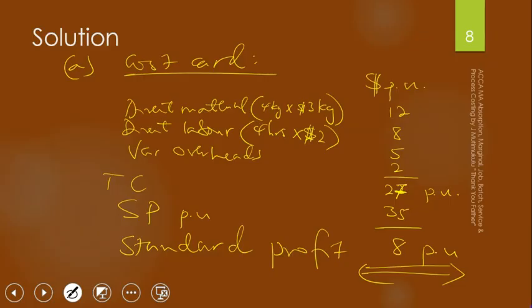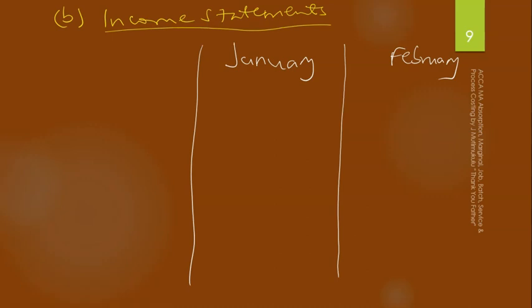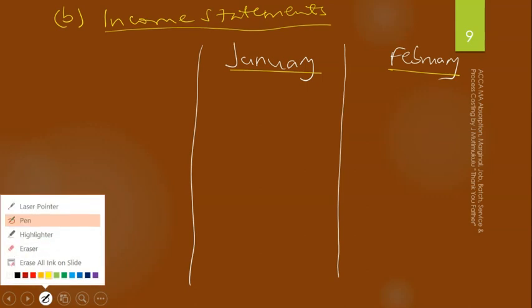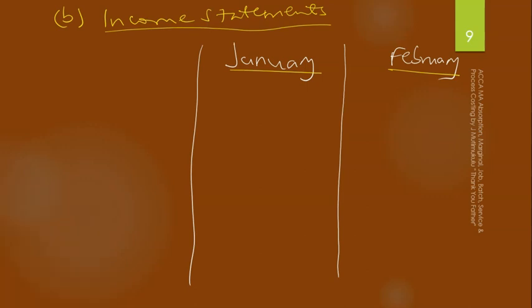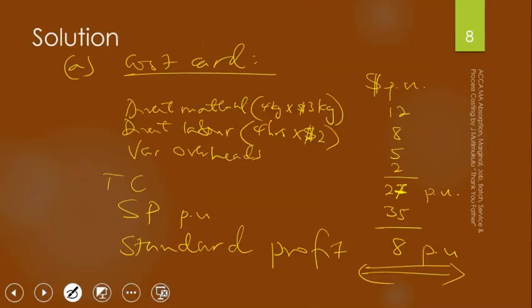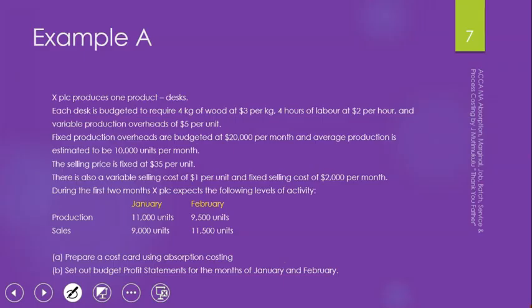Like I've indicated in the standard income statement, you start your income statement with the sales figure. So let us plot in our sales. We discover that the selling price was $35 according to the question.